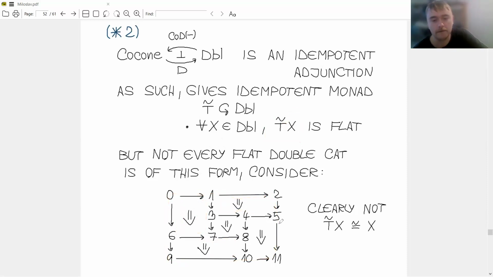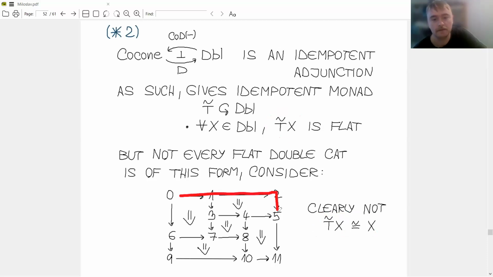And the point is that this double category is not of the form T tilde of X, because if it was, it would be isomorphic to T tilde X, which would not happen because T tilde X is a double category of commutative squares.